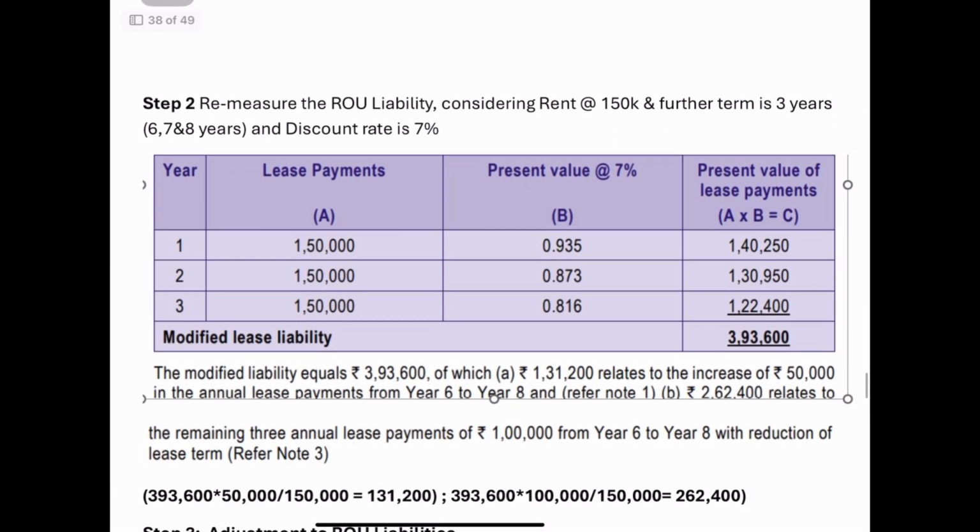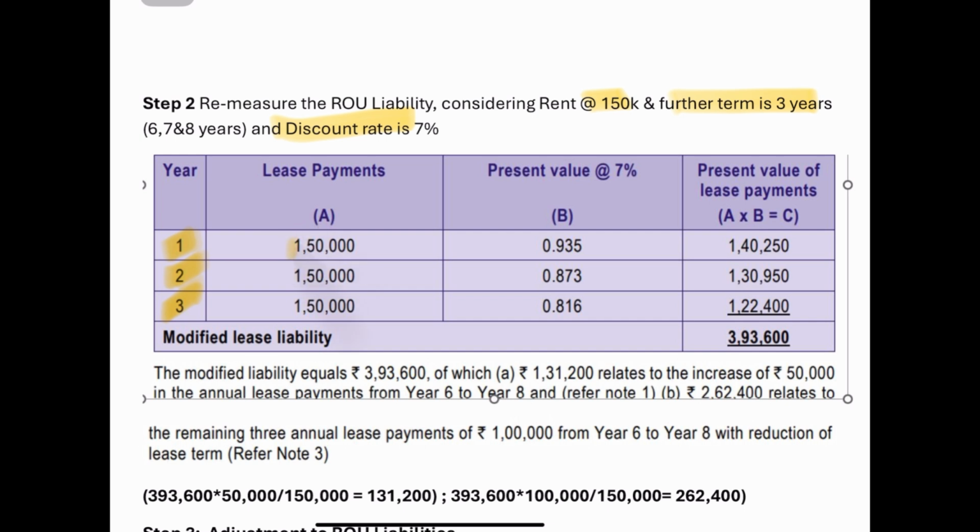Then in step 2, you have to remeasure the ROA liability considering rent at 150k, and the term is 3 years. That is for 6th, 7th and 8th year, and at the revised discount rate of 7%, what should be your lease liability? So basically you can take this as year 6, year 7, year 8.